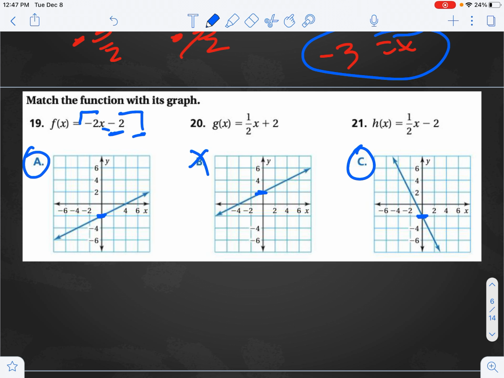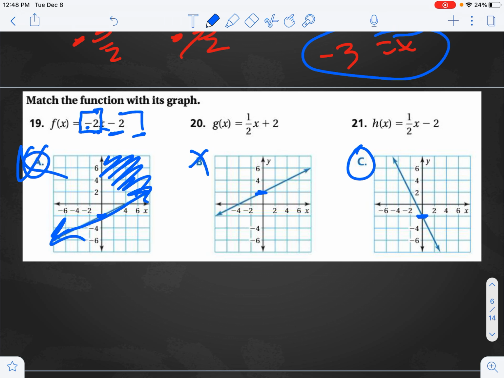Next thing I want to look at is the slope. And specifically, is the slope positive or is it negative? So this time we have a slope of -2. So our slope is negative. In A, this graph is going in the positive direction, right? If it's going up towards this first quadrant, then that means it is positive. So A is now off the table.